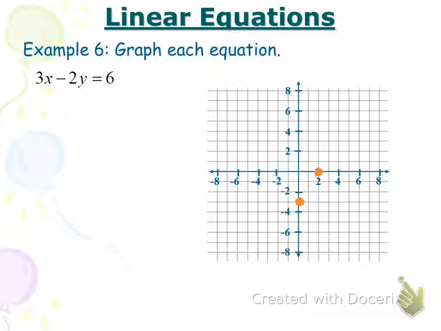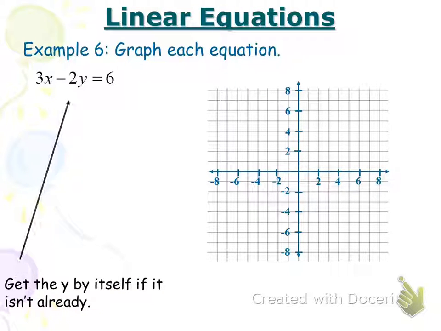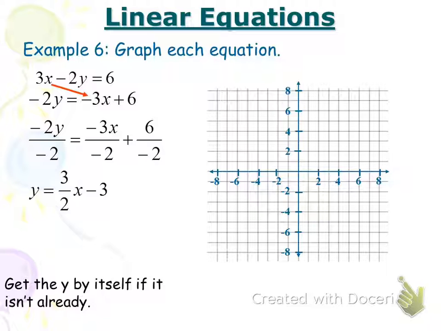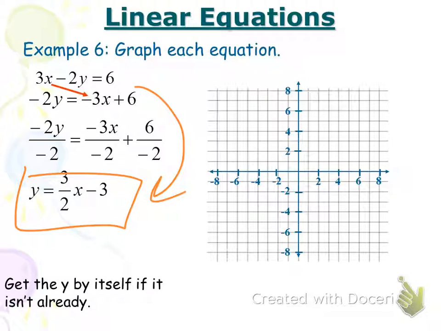In this problem, solving for y is not nearly as simple as it was in the last problem, but if we subtract 3x from both sides and then divide both sides by -2, we get y equals 3/2 x minus 3, right? This is a lot more work than finding the intercepts. It's a skill you need to have, but I'm just pointing out that it's a lot more work.